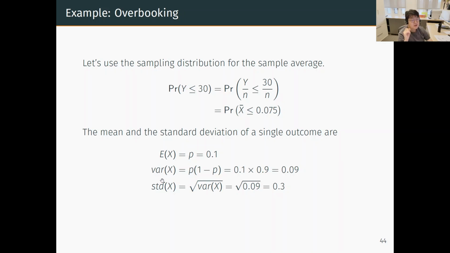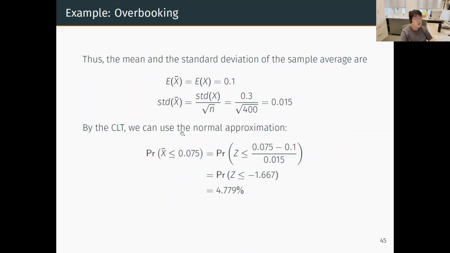And the variance of a binary random variable is the probability of success times the probability of failure, which is 0.1 times 0.9, 0.09. The standard deviation is the square root of that, so 0.3. You remember? It's from chapter 5. When you have a single binary outcome, the mean and the variance are pretty easy to calculate.